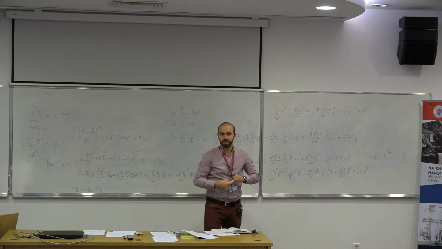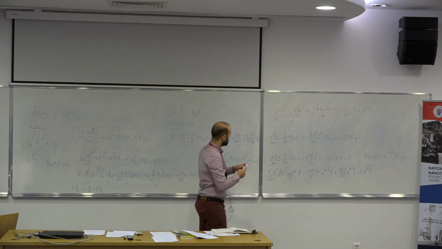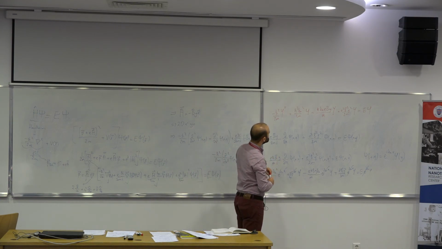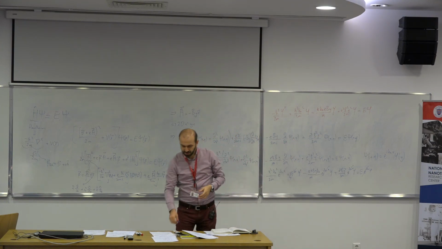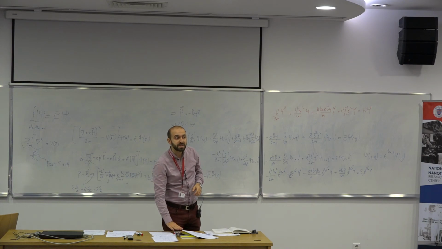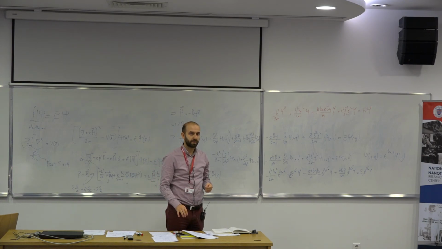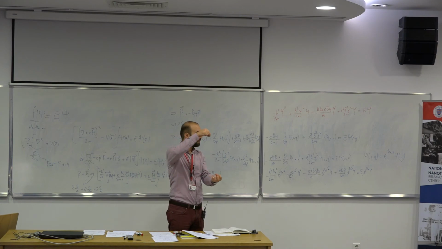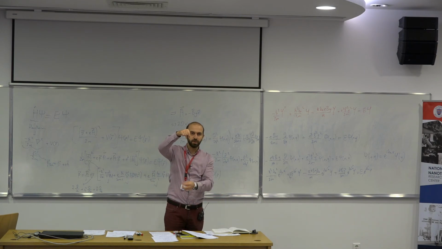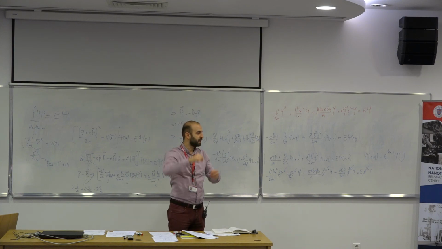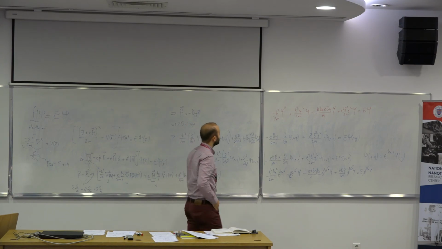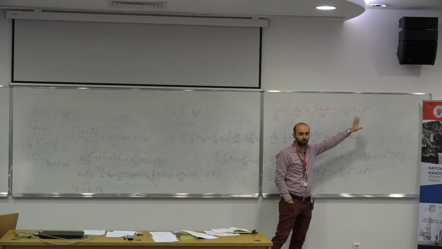So I went over time, but for the trained eye, this is actually the Schrodinger equation for a simple harmonic oscillator, which is basically a pendulum with a ball attached to it, and then at relatively small angles, the equation of motion, if you solve this system quantum mechanically, follows the same formula.